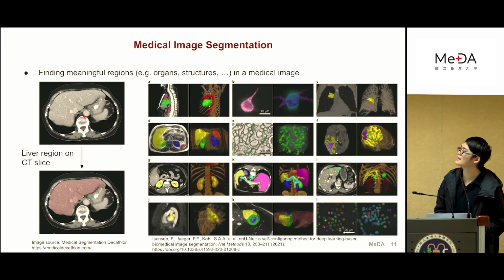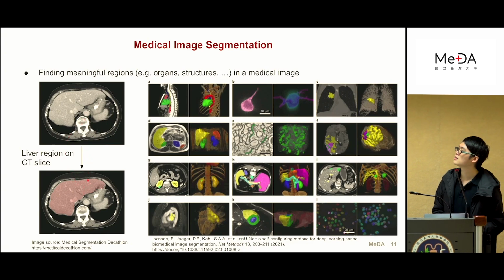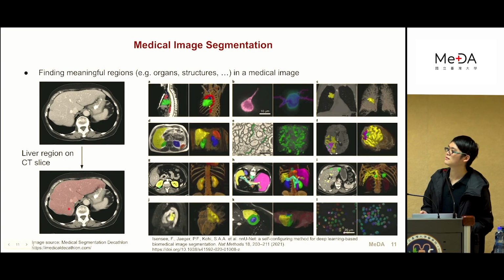This is a CT slice, and there are many organs, and the liver is here. We want the computer to color this area as liver. On the right-hand side, we provide figures to show many situations where you can use medical image segmentation.